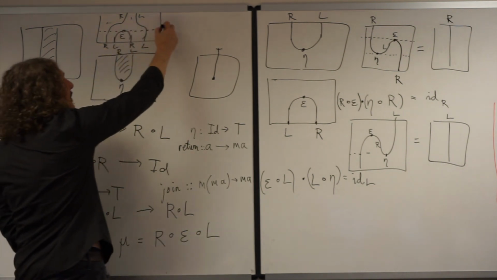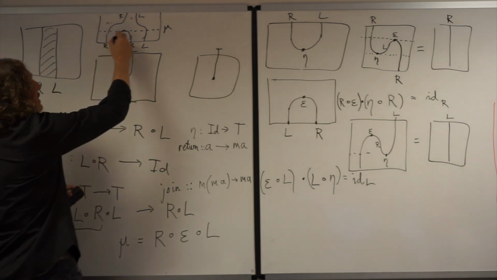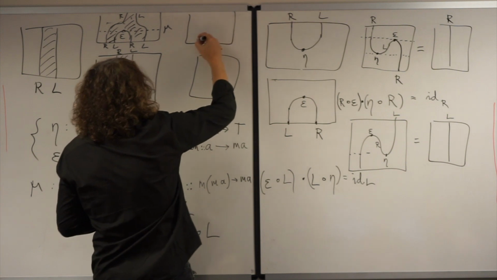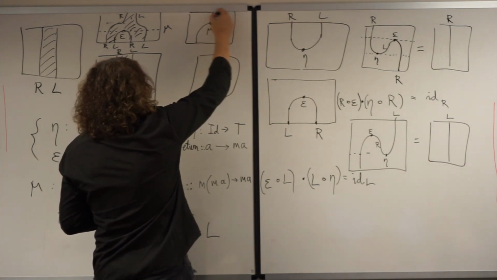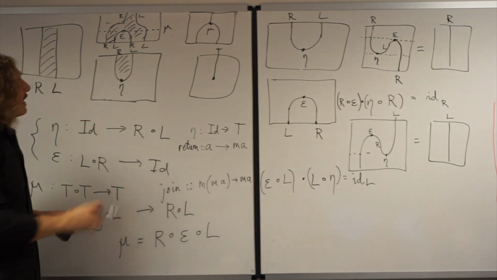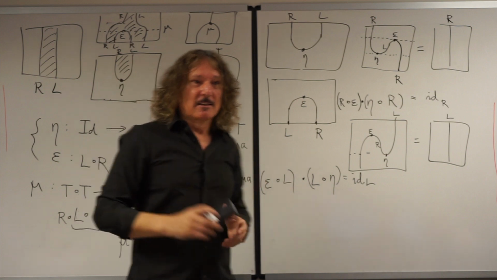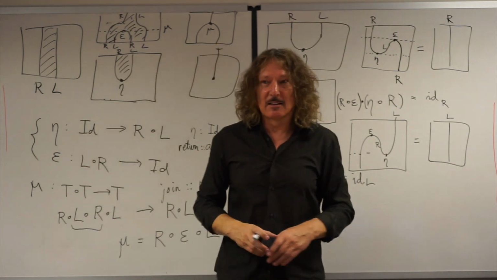So this is our mu. So this is eta, this is mu, and these are the stripes. And this corresponds to monadic mu. Replacing stripes with lines, we get them. Okay? So let's take a break now, and after the break I'll show you the identity.